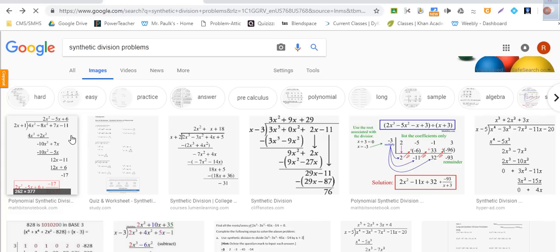Four x cubed minus 8x squared plus 7x minus 11.